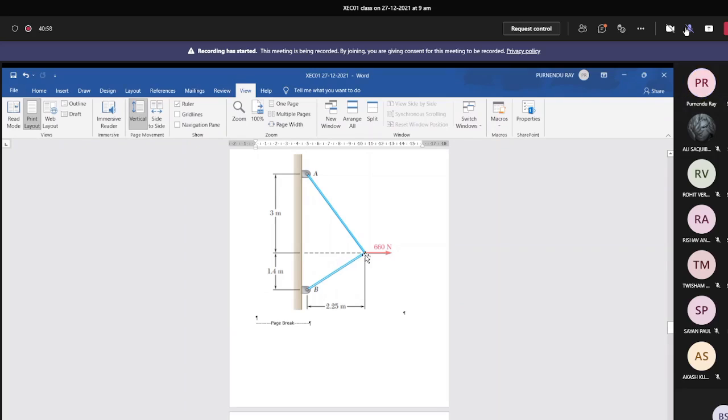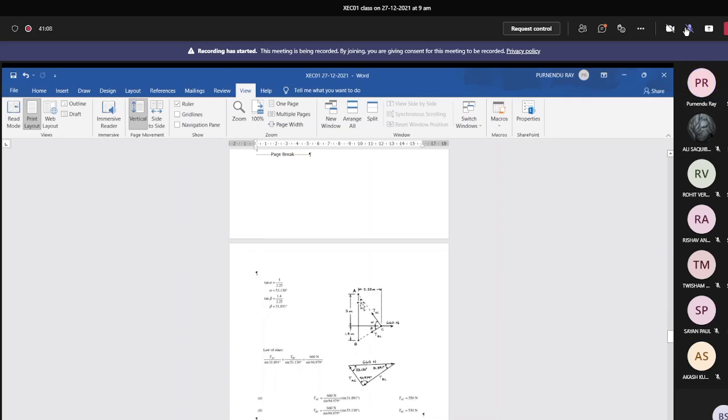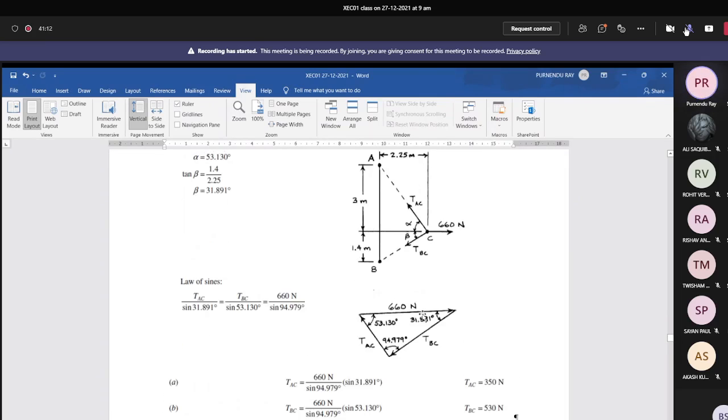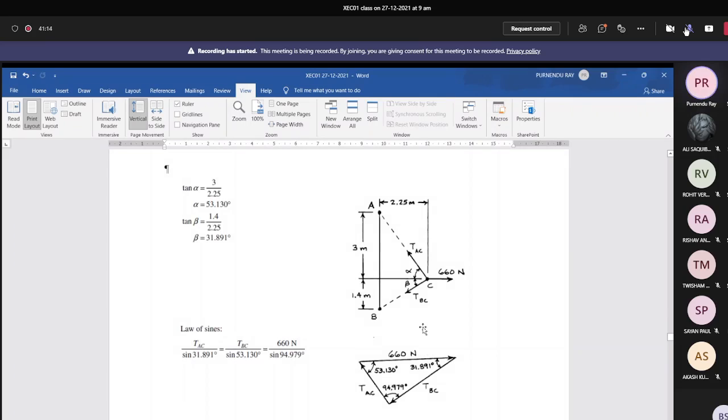But we do not draw that triangle with real magnitude or with the real angle. It is just a representation, because we are writing those angles side by side.